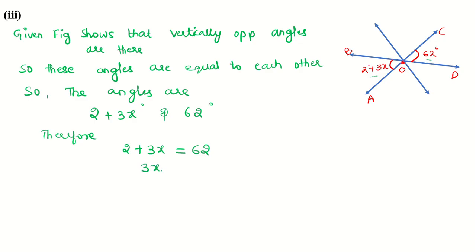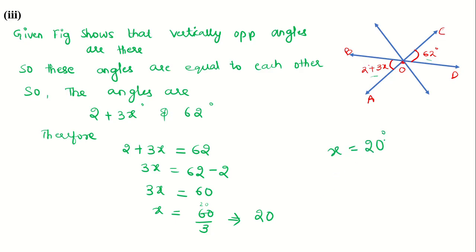Now, 3x equals 62, take this 2 to your right side, it will be minus 2. 3x equals 62 minus 2, which is 60. Now, x equals 60 by 3. How much will it be? 3 ones are 3, 3 twos are 6, 0. x is 20. So, here the value of x is 20 degrees.